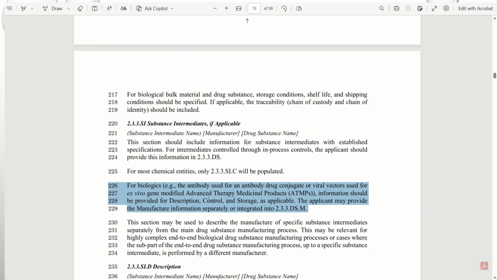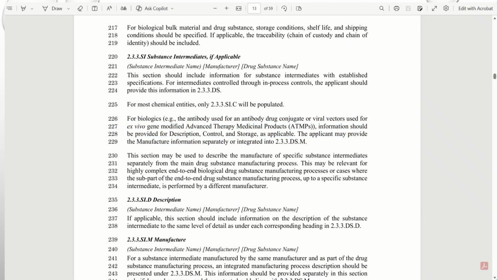So the manufacture section can be integrated into that, or it can be provided separately. This section may be used to describe manufacture of specific substance intermediates separately from the main drug substance manufacturing process. So you can do that. This may be relevant for highly complex end-to-end biological drug substance manufacturing processes or cases where a subpart of the end-to-end drug substance manufacturing process up to a specific substance intermediate is performed by a different manufacturer.